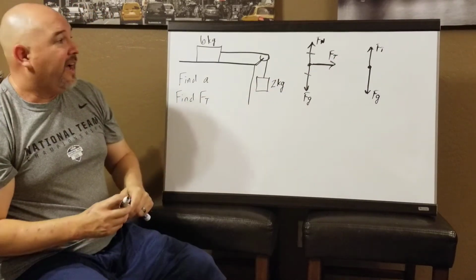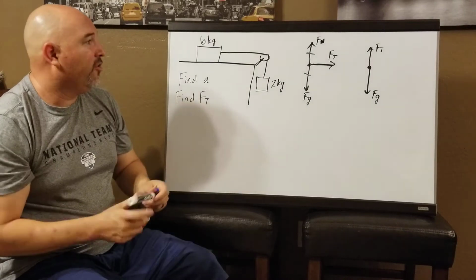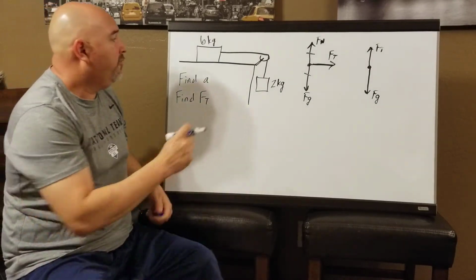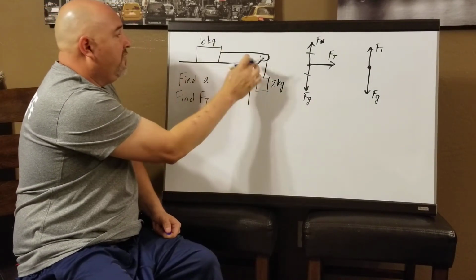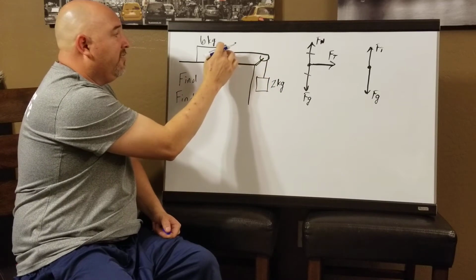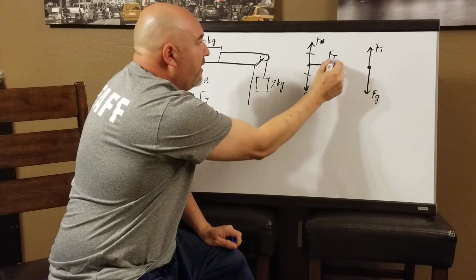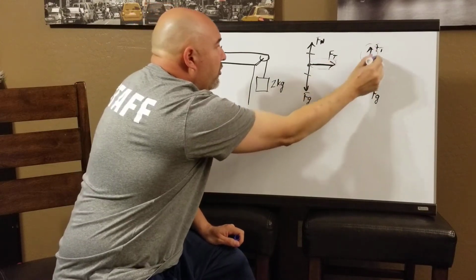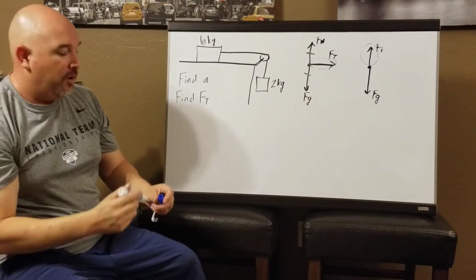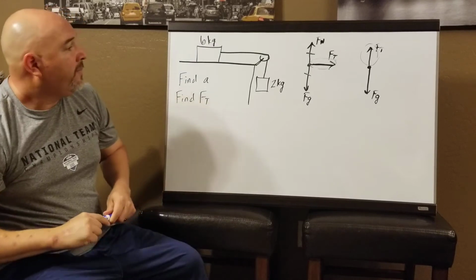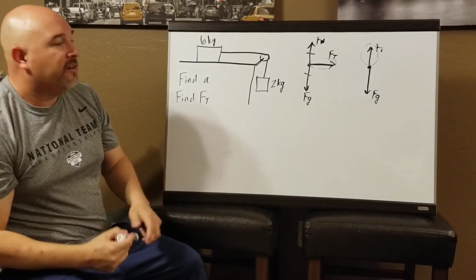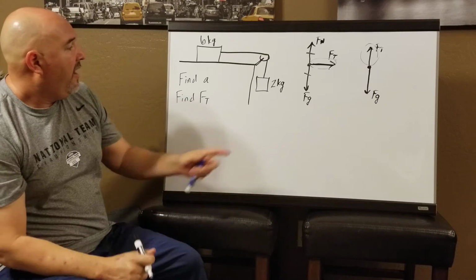The other thing we can look at, and we can kind of treat this like a third law pair, is that the force pulling up on this block, this cable pulling this way, is the same as this force right here. So we can say, okay, this is all the same cable. This force is equal to that force. We're going to use that later on. Okay. Now, if I start throwing numbers in here, I can look at this and say, hey, you know what?